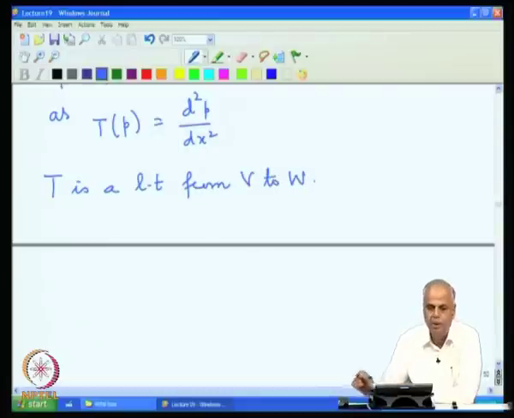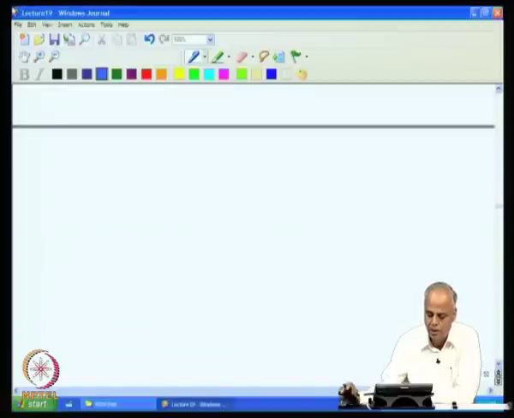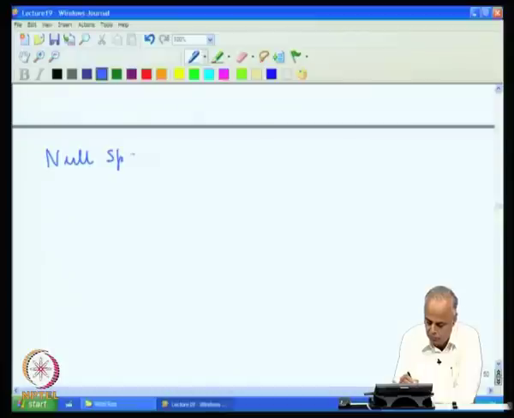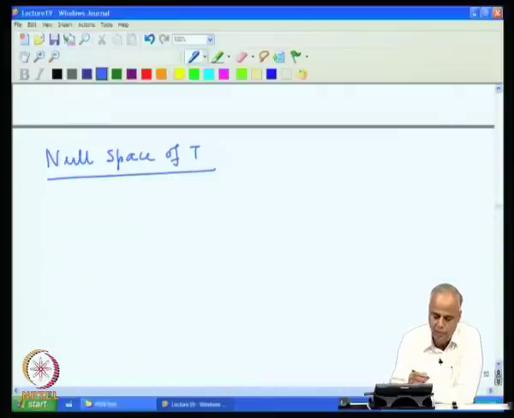Once we have the linear transformation, we want to find its null space and the range. So, let us find the null space of T. Now, the null space of T is all those vectors which get mapped to the 0 vector, and vectors here are all polynomials.